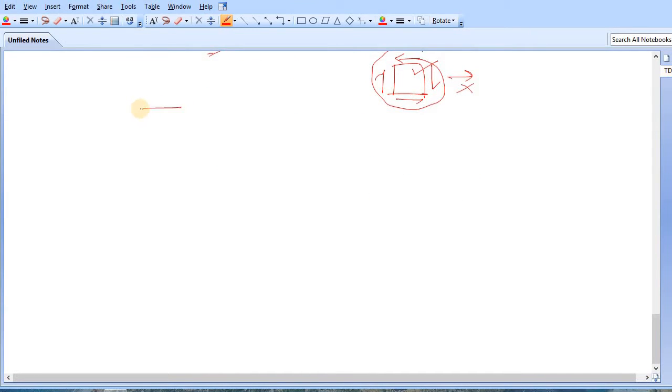Let's consider this object. Let's say here you have applied tensile stress along your x-axis. This is x, this is y, and let's say this is sigma x, and along the y-axis you have applied compressive load or compressive stress, that is your sigma y. Now sigma x and sigma y are numerically equal, or you can say sigma x is equal to minus sigma y, because sigma y is compressive in nature.